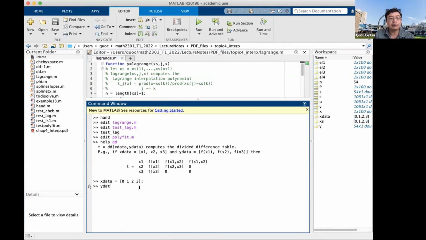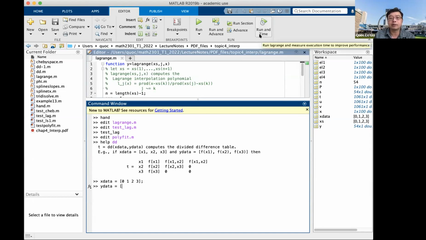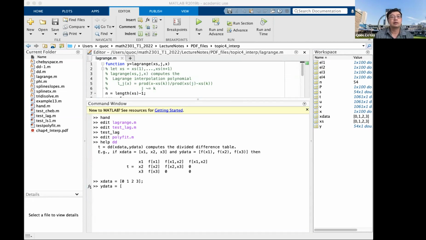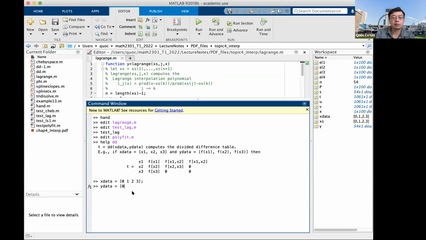And Y data is, remember the example. So 2, 0, minus 3, 5, yeah.